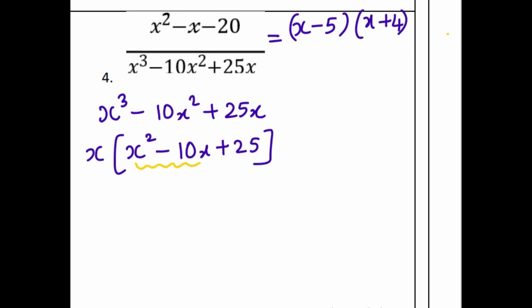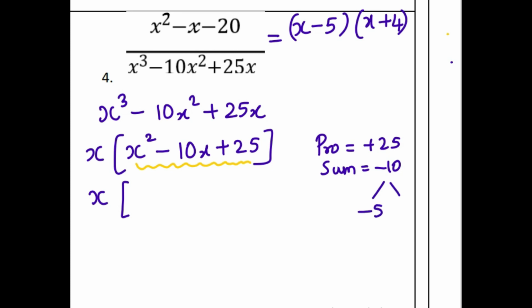Now this is a quadratic expression that you can easily factorize. So you have x within brackets. Can you see the product here is going to be plus 25, and the sum is a negative 10.